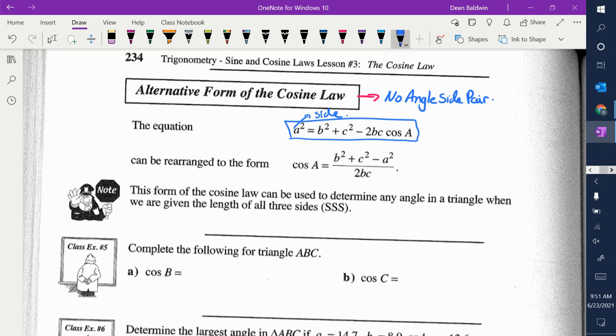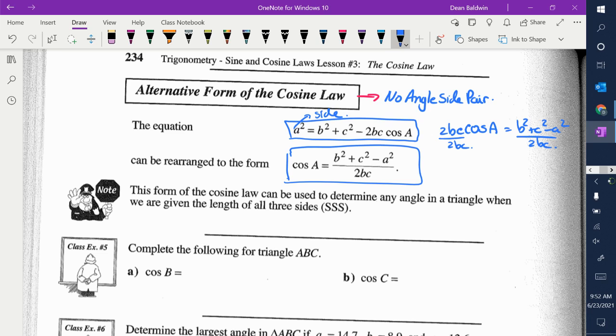If you manipulate this, in other words, I add the 2bc cos A to this side and subtract off the a squared on this side, so I get 2bc cos A is equal to b squared plus c squared minus a squared, and then divide by 2bc. I get this formula right here, which allows me to solve for the angle. They're the same equation, they're just rearranged.